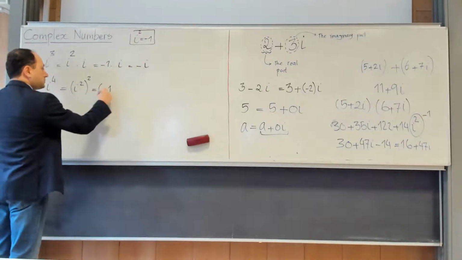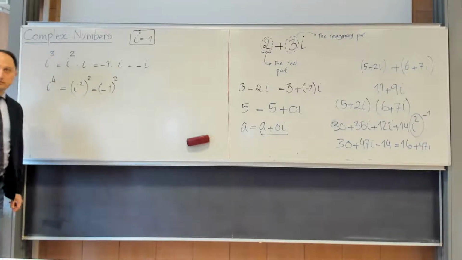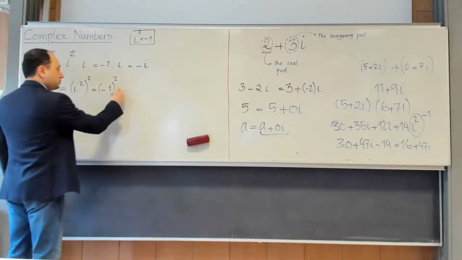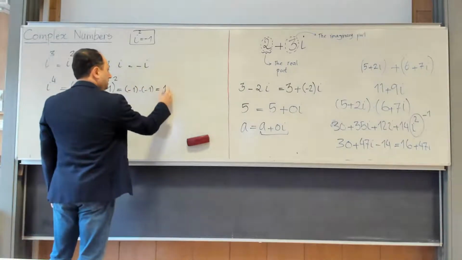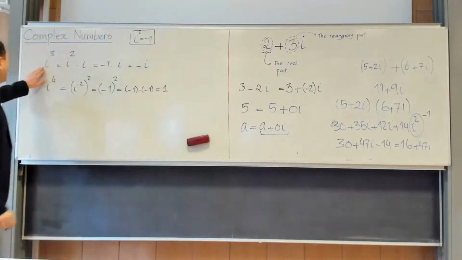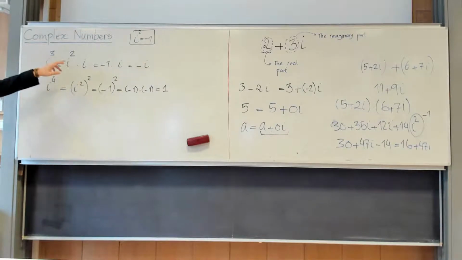So it becomes -1 to the power of 2. But -1 to the power of 2 means -1 multiplied by -1, so the answer is 1. So you see that i to the power of 3 is equal to -i, and i to the power of 4 is equal to 1. So i to the power of 4 is a real number, even though i itself was an imaginary number.